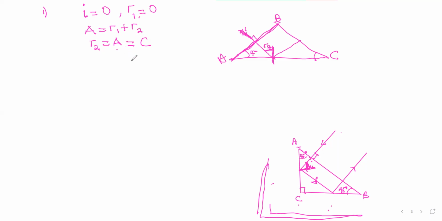Using A is equal to R1 plus R2, R1 is 0, so automatically R2 is equal to A. Now for the light to internally reflect, what is the condition? The angle of incidence in the more dense medium, R2, must be greater than the critical angle of the material. But the requirement for total internal reflection is that if you are able to determine the critical angle, then you can adjust the angle of incidence in the dense medium so that it will reflect within.